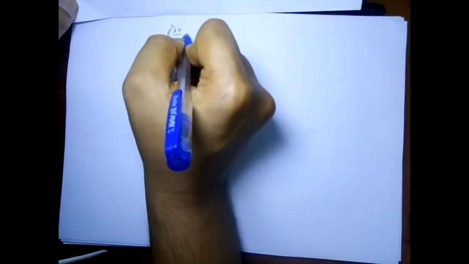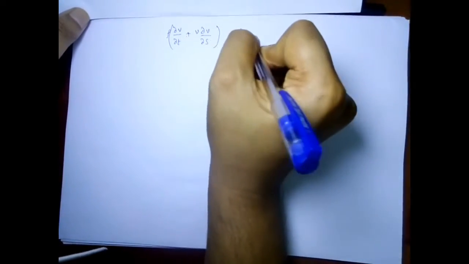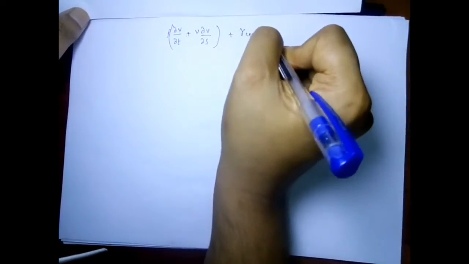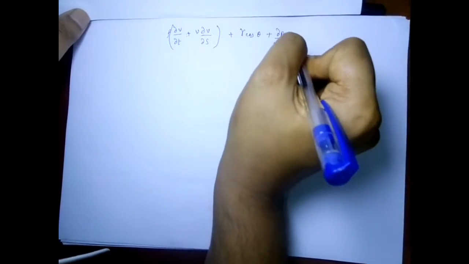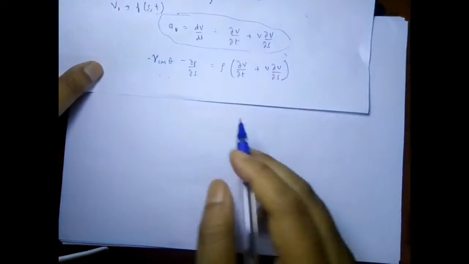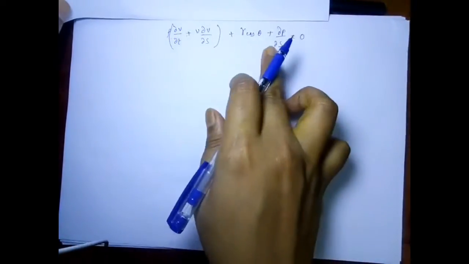Rho del V upon del T plus V del V upon del S plus gamma cos theta plus del P upon del S equal to 0. Just by shifting this on this side, we will be getting this one.